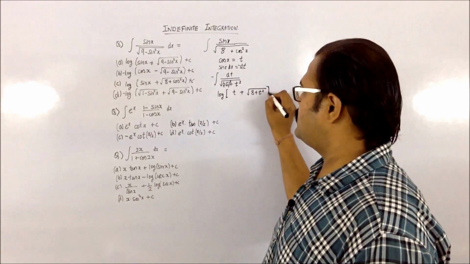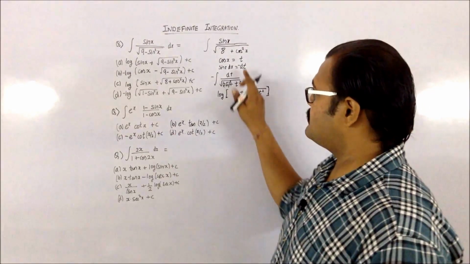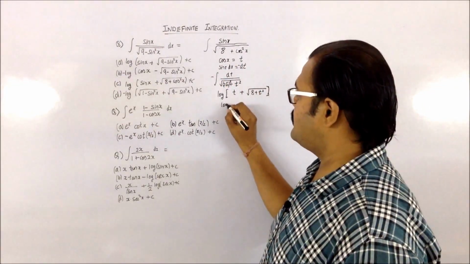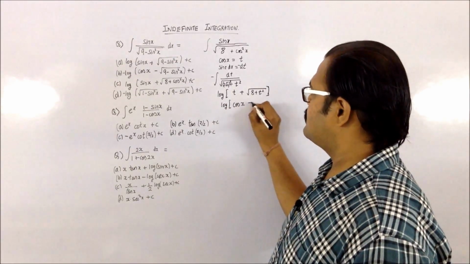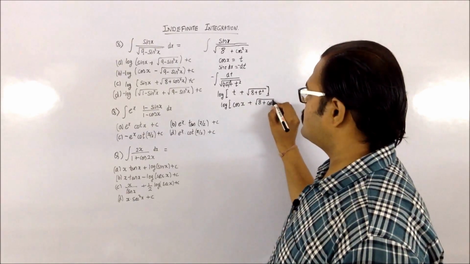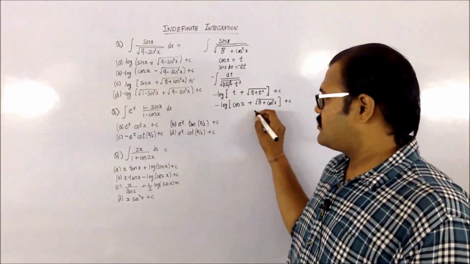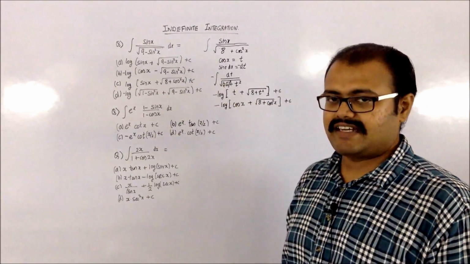So now we have to do the resubstitution. My t is basically cos x, so it's going to be log of cos x plus root of 8 plus cos square x. Now in this, you can see that the option is not present currently.